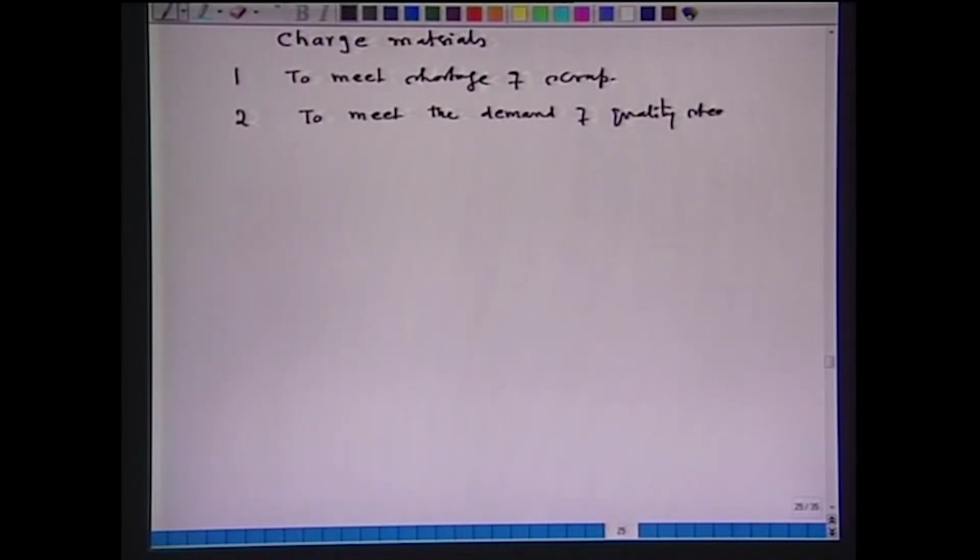That means scraps contain tramp elements, and it is very difficult to remove tramp elements. All the tramp elements enter into the steel. So, those qualities of steel which require no tramp element, there you have to find a scrap with a low value of this tramp element, that is a very high quality scrap is required. Now, in order to combat this problem, alternative charged materials are developed.